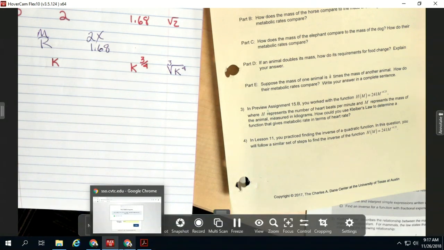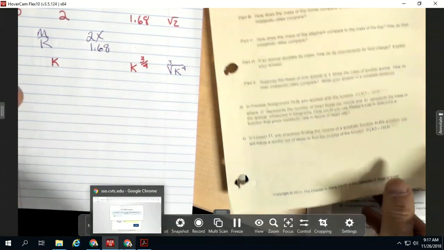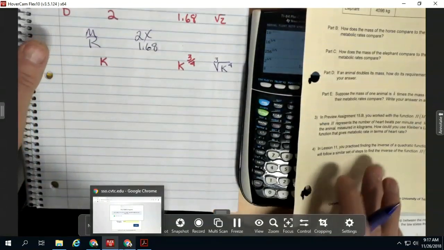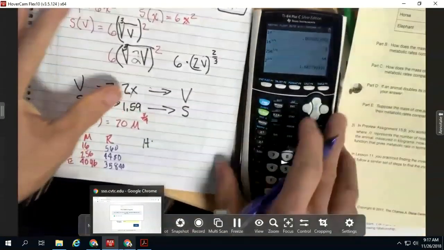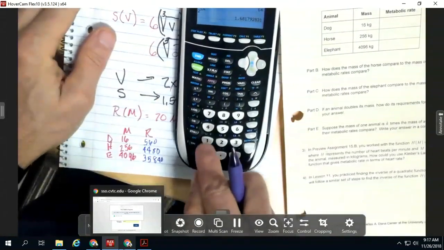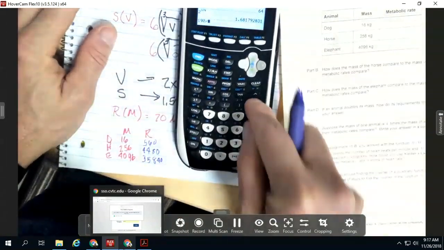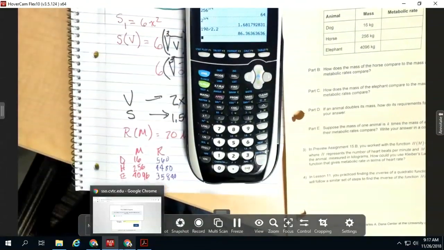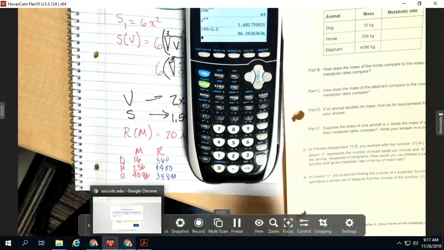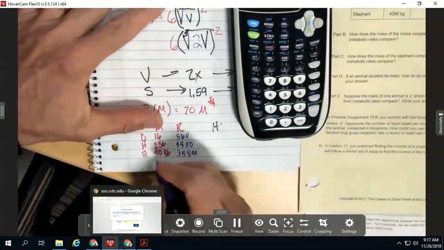Next one. Let's figure it out for a person. So let's go back to the chart here and put in your mass. Well, my mass, I have to take my weight, 190 divided by 2.2, because it's 2.2 pounds per kilogram. So I weigh 86 kilograms.